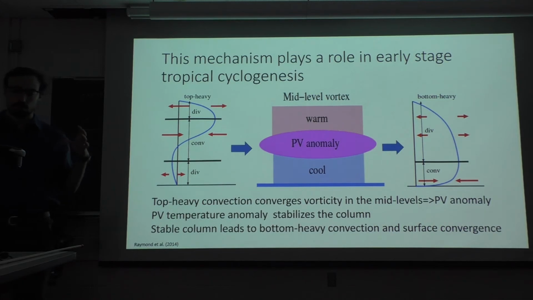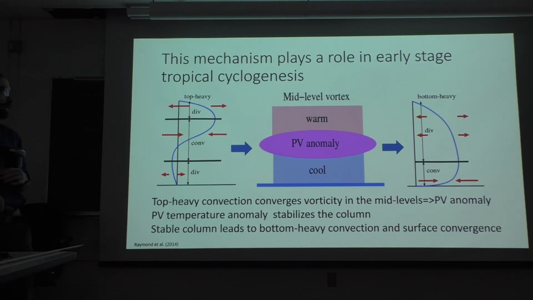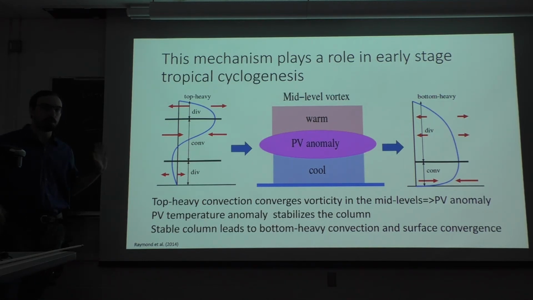If you were to look at a large enough circulation, ring of circulation around like a mesoscale complex, then both the stretching and the tilting terms tend to cancel out and don't actually affect the vertical vorticity in that way. So you need the convergence in order to actually spin up any of the cyclones.